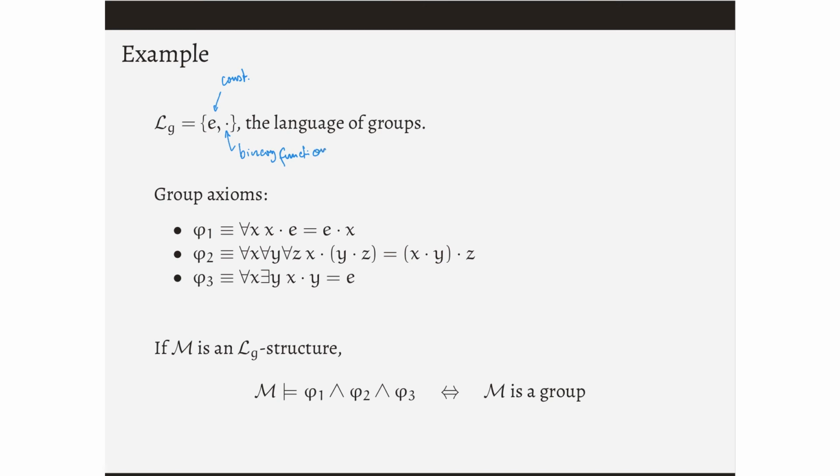And in that language, of course, we can formulate the group axioms: the standard axioms about the neutral element, the associativity, and the existence of an inverse. Note that these are all sentences, so there's no free occurrence of any variable here. So now we can just say the conjunction of these three formulas holds in an L_G structure M if and only if M is actually a group.